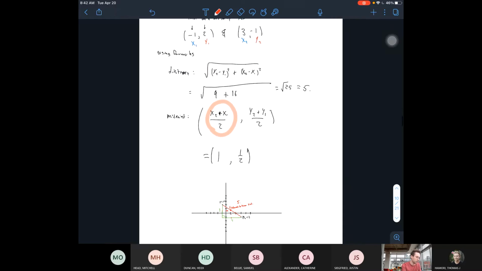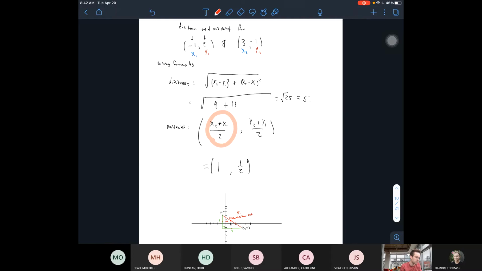Okay, pretty simple problem. Any questions about the distance and midpoint problem? I bet distance and midpoint is something you'd love to see on the exam, right?